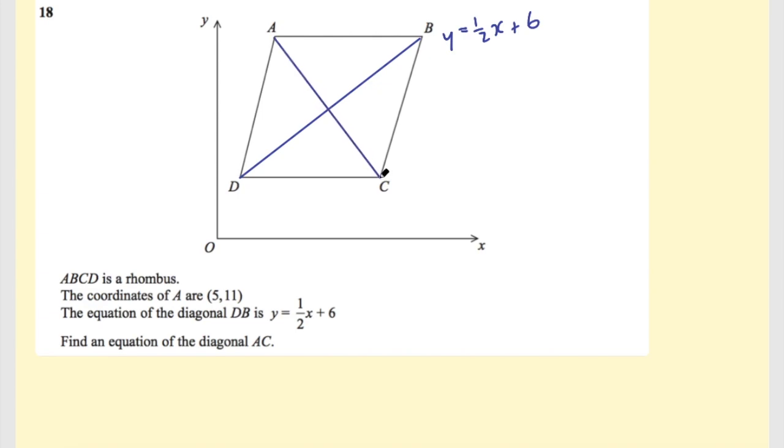This is really testing your knowledge of rhombuses, because there's one key fact about a rhombus you need to know here. It's that the diagonals intersect at 90 degrees. So the diagonals are perpendicular to each other.